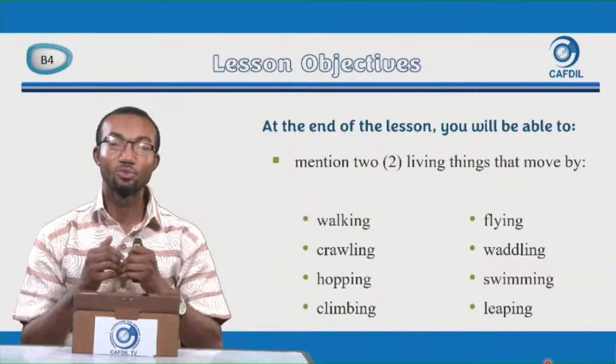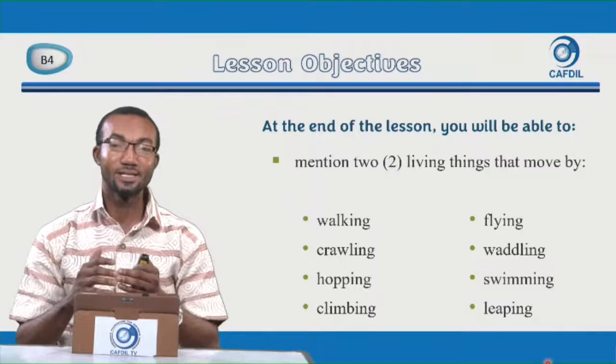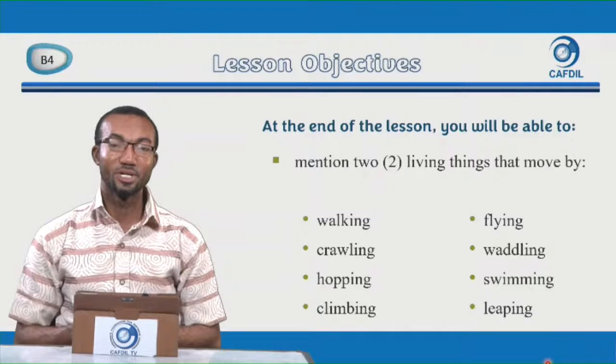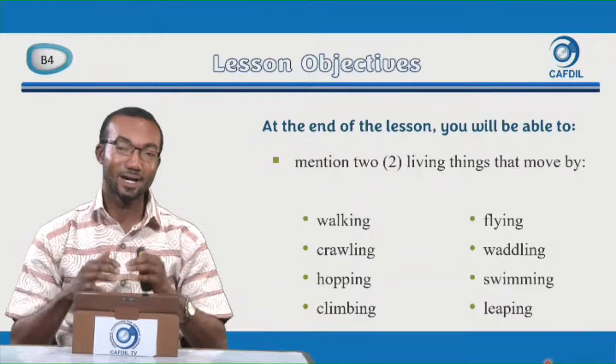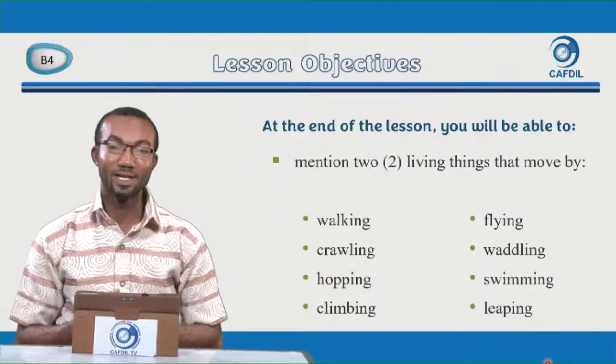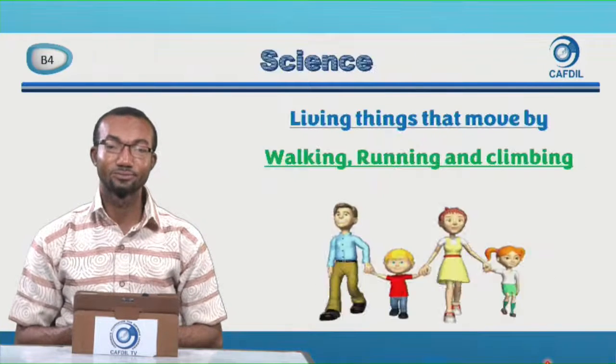Living things don't move the same way, and these are kinds of movements made by living things. So sit back and enjoy this lesson. We are going to look at how these movements are made by various living things.